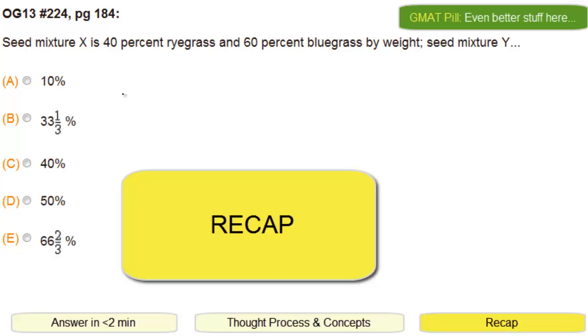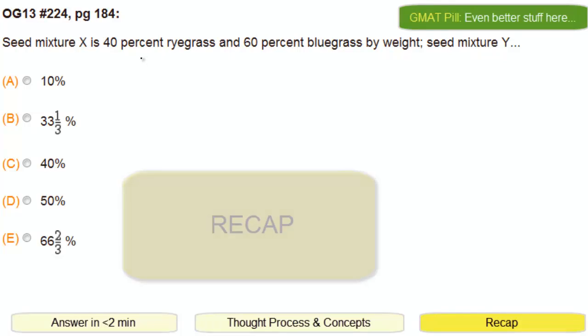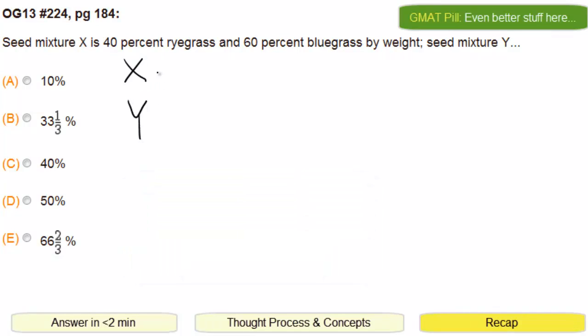As a recap, we basically saw a mixture problem right off the bat. We immediately saw mixture X and mixture Y. We split them into different percentages, and we noticed the commonality between these two mixtures was the ryegrass.